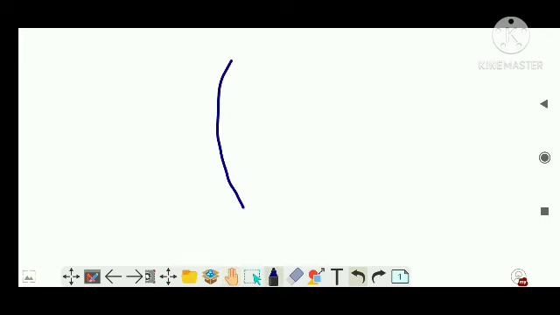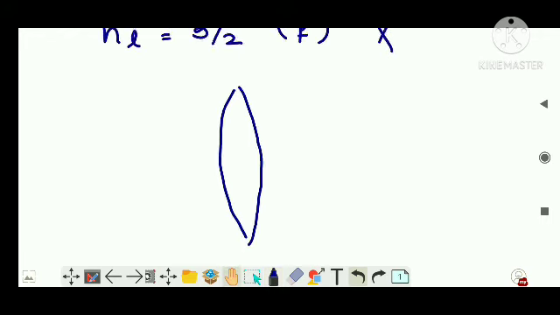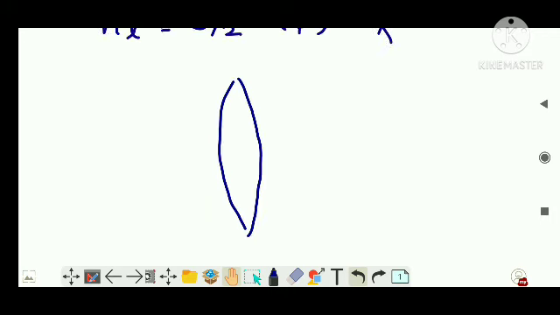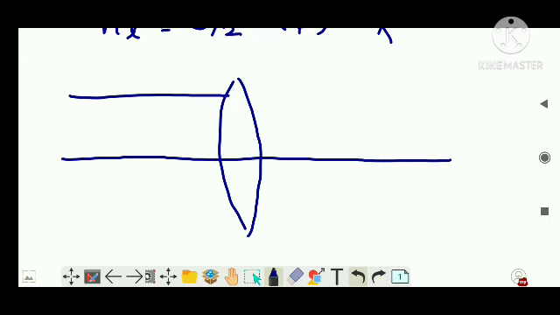So obviously you have to draw a lens like this. Let's say we are not given anything about where the light rays are coming from, so I will take the light rays coming in this direction. This direction is positive, keep that in mind. This surface becomes our first surface, and this becomes our second surface.